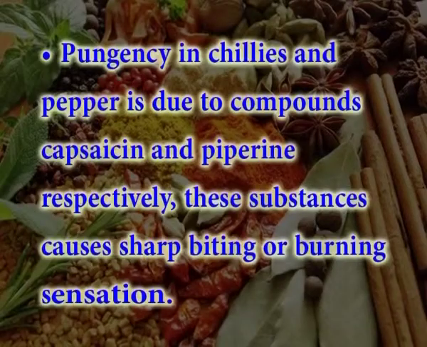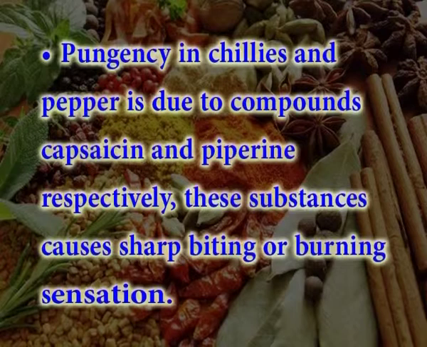Each of the spices and condiments mentioned has a characteristic flavor and taste, which is attributed to the presence of certain chemical substances referred to as active components. For example, pungency in chilies and pepper is due to the compounds capsaicin and piperine respectively.